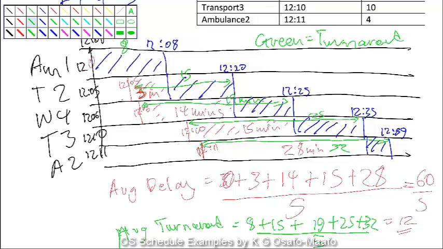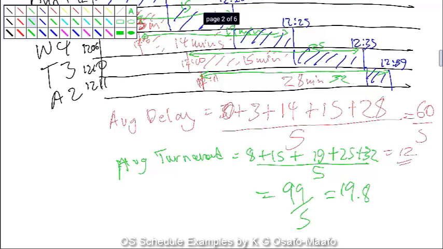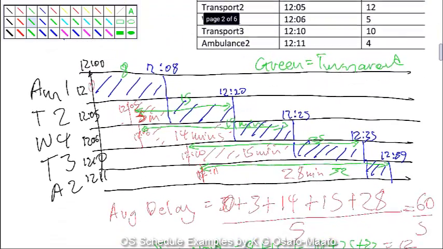It's 99 divided by 5. 19.8. Right. So let's just double check.